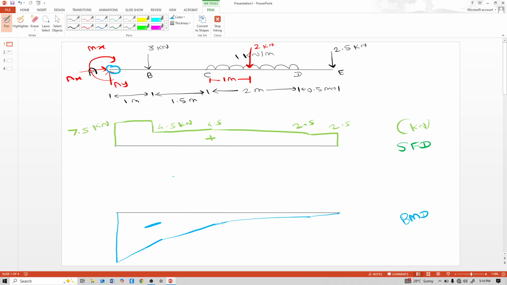So it is 22.5. Plus MA plus 3 into 1 plus 2 into 3.5 and plus 2.5 into 5. So MA is equal to minus 22.5.